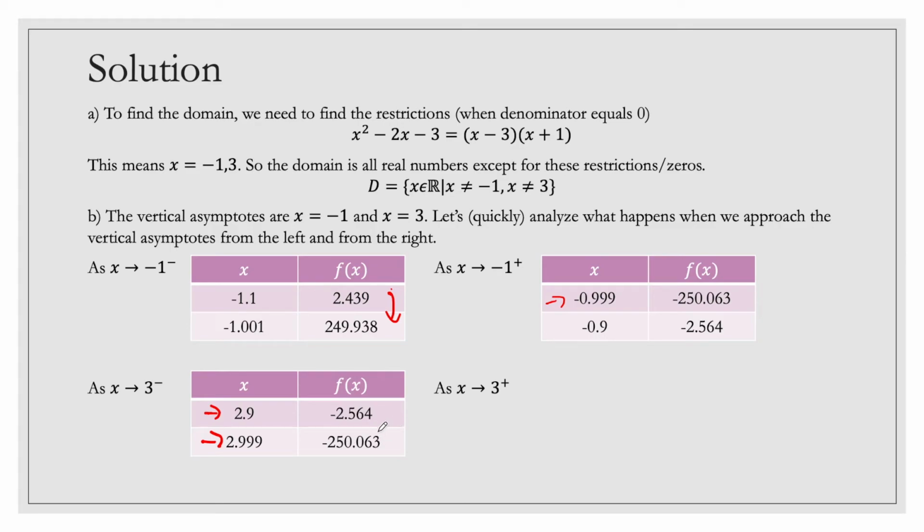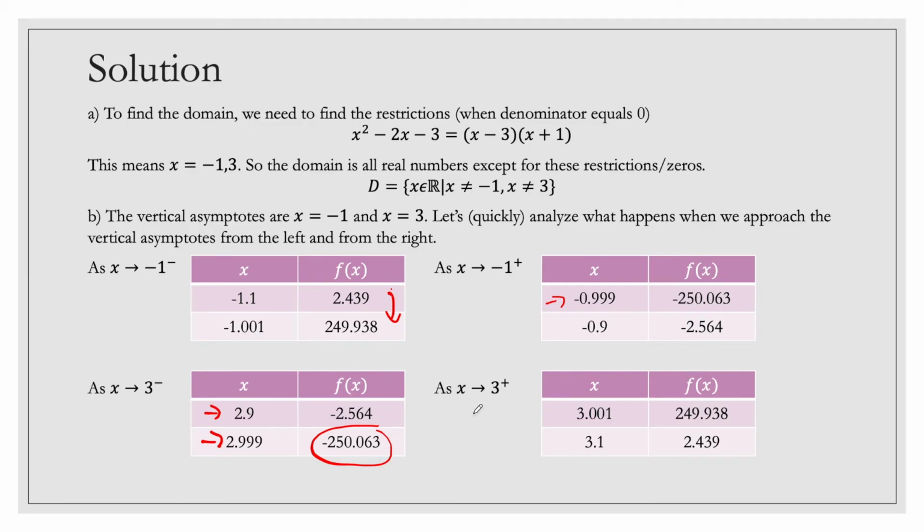And we can see here that the f(x) value is going towards a large negative number. And if we approach 3 from the right, we are going to be subbing in a value that is slightly larger than 3. So in this case, we are going to be subbing in 3.001. We could sub in something even closer to it, but this should be fine. When we sub in 3.001, we end up getting a very large positive number.